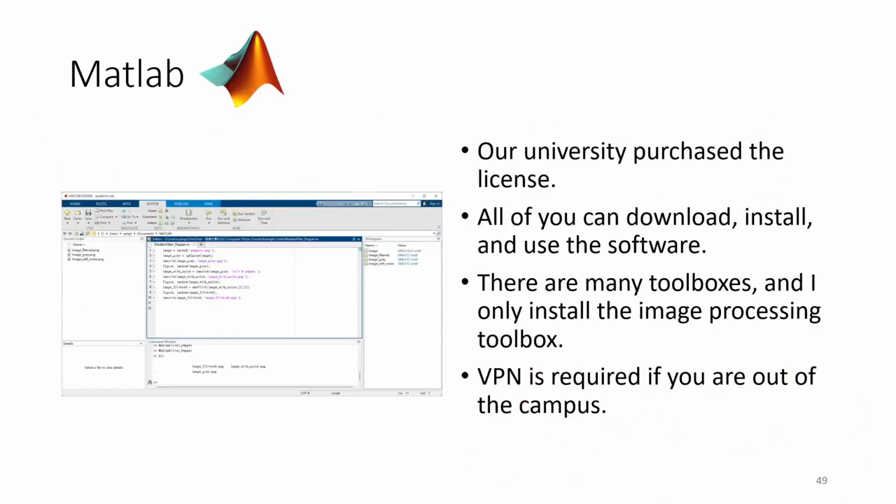Because MATLAB is a useful tool, here I want to quickly go through how to install it. Our university purchased the license, so every student can use it for free.